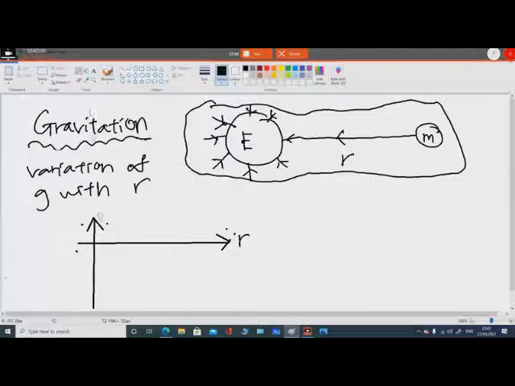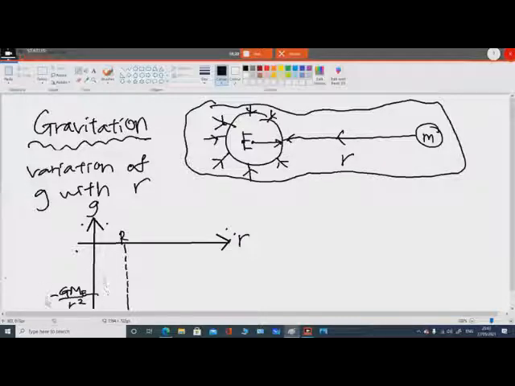This is our g, GM over r squared, where M is the mass of the Earth. This is r. This line represents the surface of the Earth, which means it is the radius of the Earth before we go out into space.